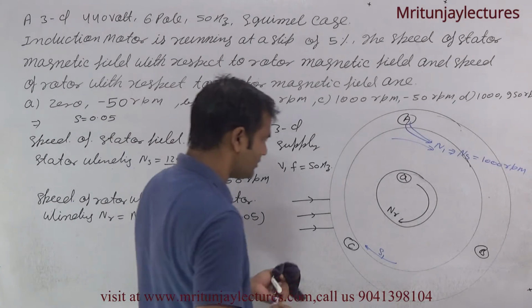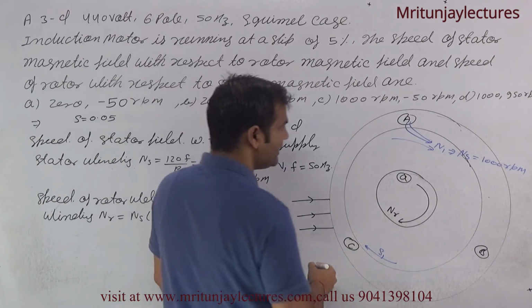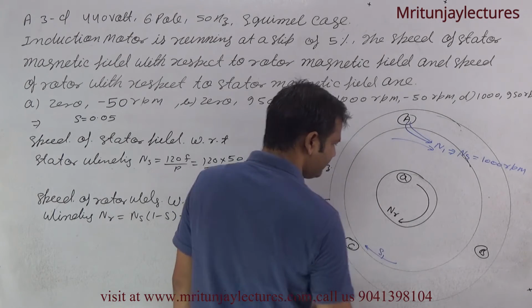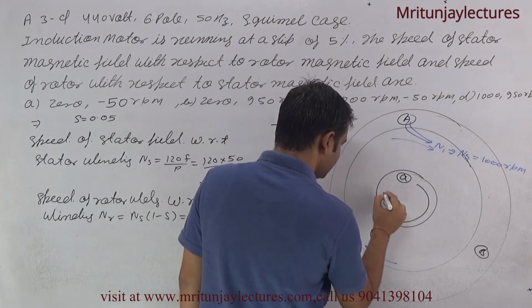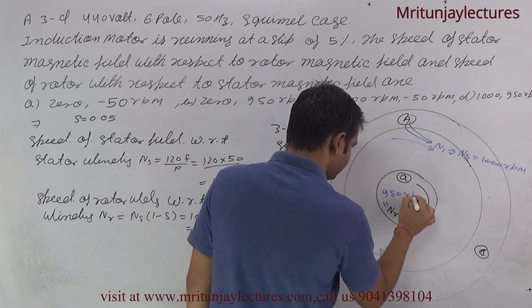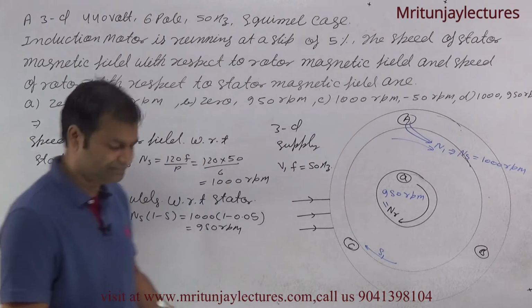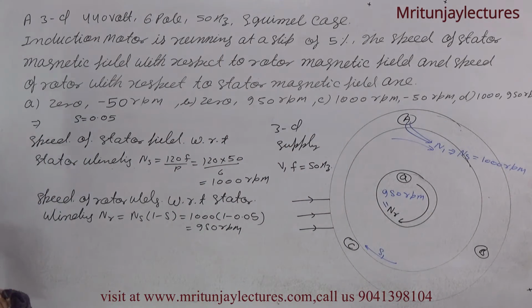The rotor is also rotating in the direction of the rotating magnetic field of the stator, at a speed of 950 rpm. Clear? Now the relative speed.